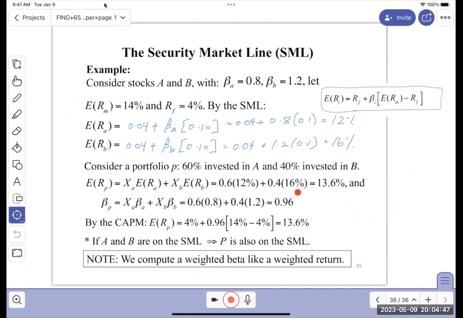Usually to estimate the return, I use the risk, right? So I could also confirm my calculations by putting 0.96 in the capital asset pricing model and getting the same value, 13.6%. So all the assets are on the security market line: A, B, and also P, the portfolio.